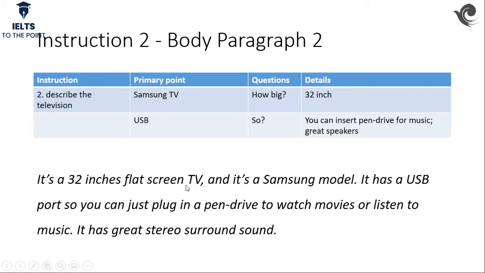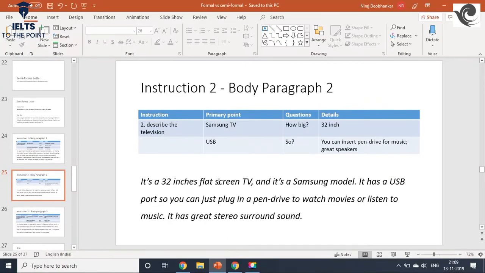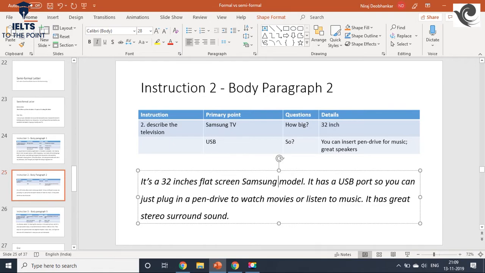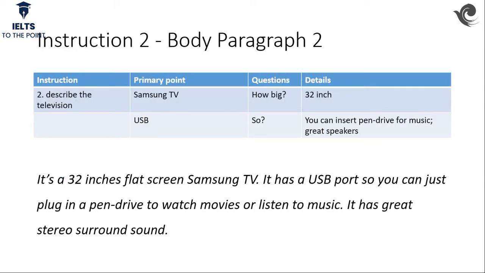Or even if you can make it even more subtle, flat screen Samsung TV. That would be even better. Understand, you have enough number of words because you have got enough number of points. It's a 32 inches flat screen Samsung TV.